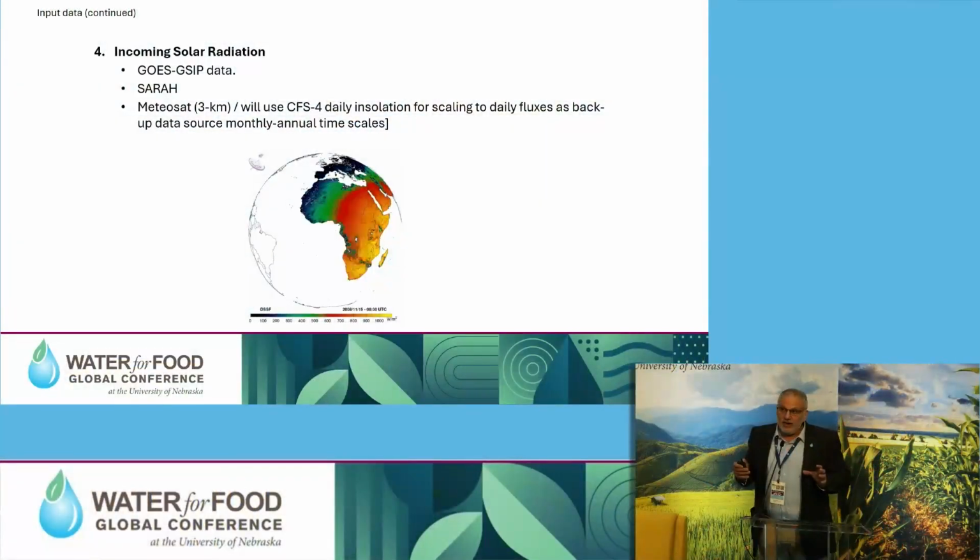And SARAH is also global. We use that too. And as a backup, we use Meteosat to provide the insolation that we need for the model. Because in the end, ALEXI provides something called F-sun, which is really the fraction of energy that is used for evapotranspiration from the total incoming energy from the sun.